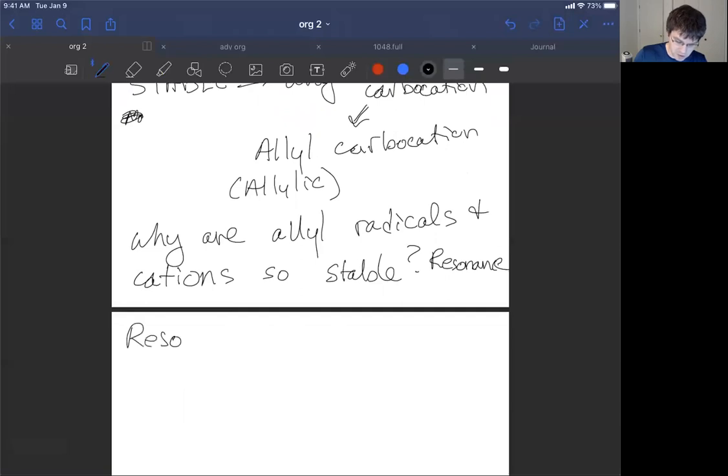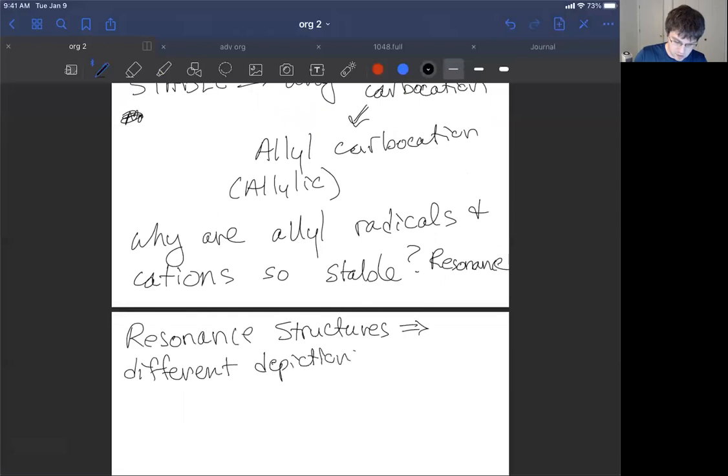But what we're getting at is something that we had touched on in the last module, and that is resonance structures. And I'm going to continue to evolve our definition of this over time, but these resonance structures are different depictions of the same molecule. This is an important concept to just ingrain deeply in our thinking about organic chemistry.